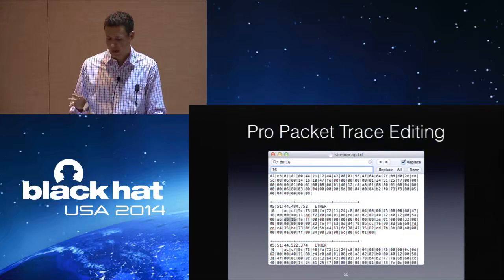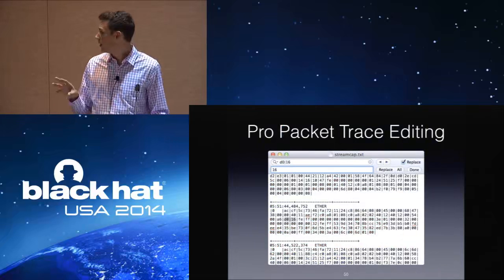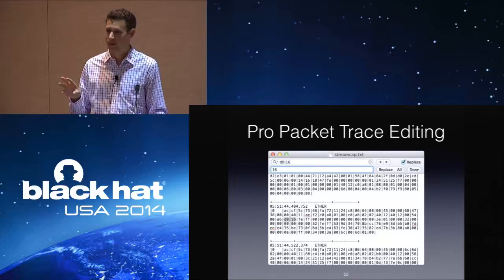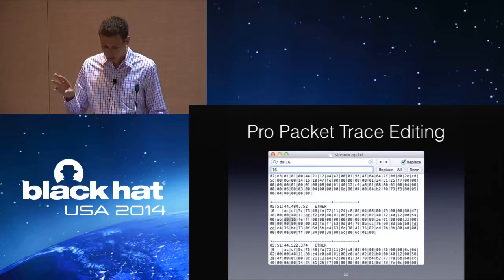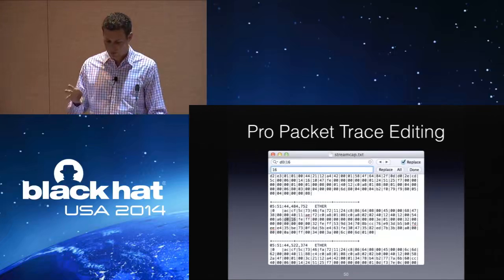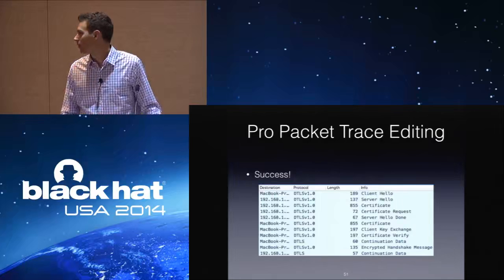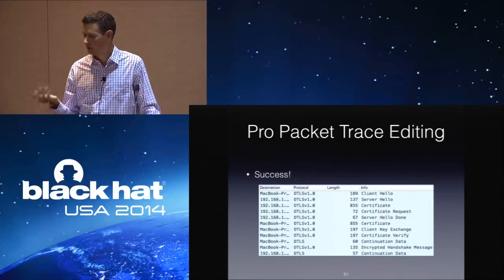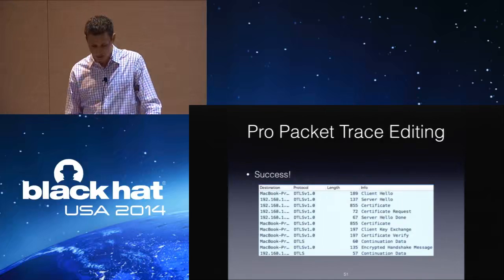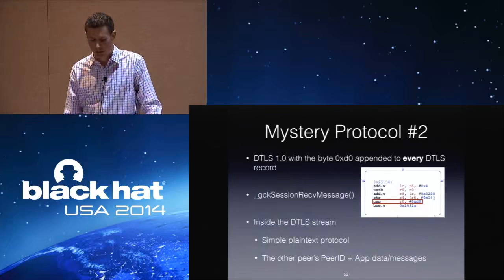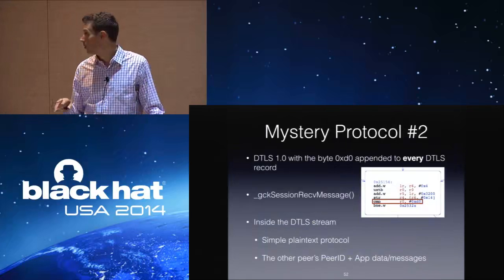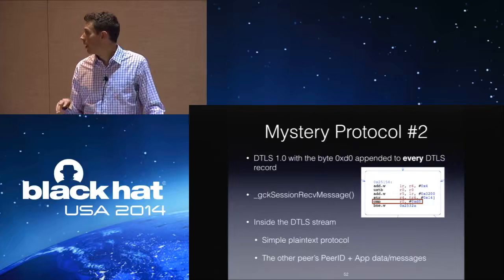And if you actually go ahead and remove that byte, and it turns out you can edit a packet trace with a text editor, which was new to me, using search and replace, then Wireshark is able to parse the packet trace and figure out that it's DTLS. So basically, the mystery protocol is DTLS 1.0 with D0 appended to every DTLS record.